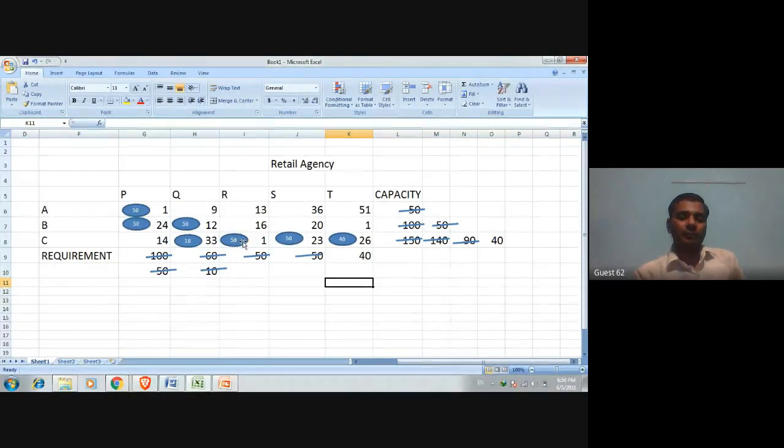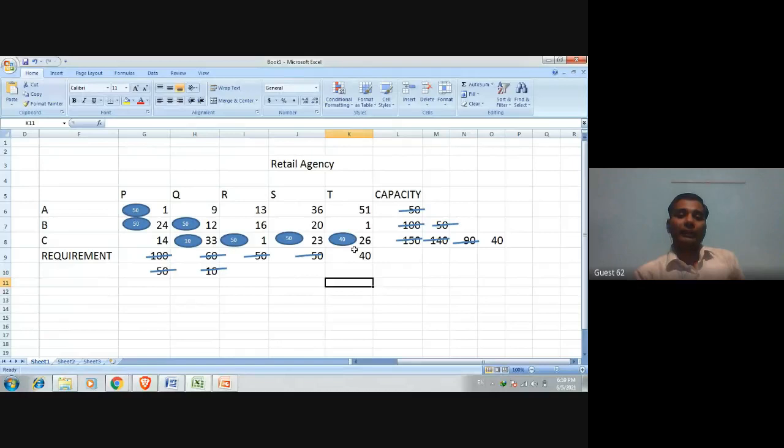Now, what was the requirement of retail agency S? That is 50. All the 50 units have been fulfilled by warehouse C. Now, what is the requirement of retail agency T? That is 40 units.